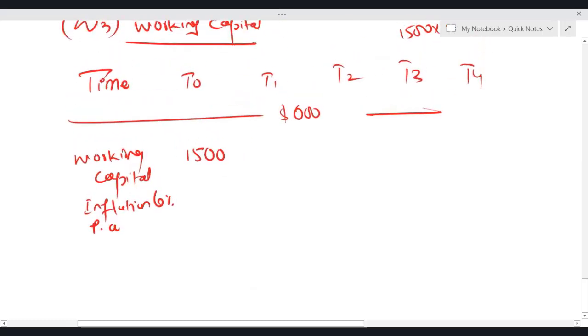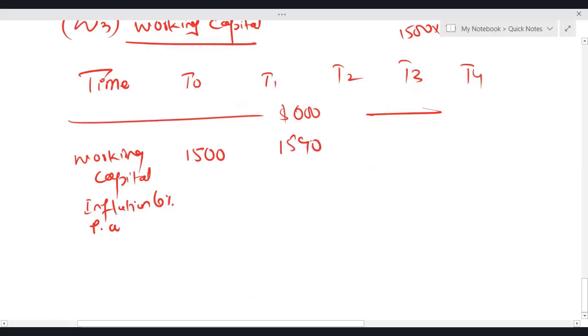So logically, in T1, the total requirement of working capital will be 1590. Now, please look at this. Inflation rate is 6%. So logically, this will become 1590.